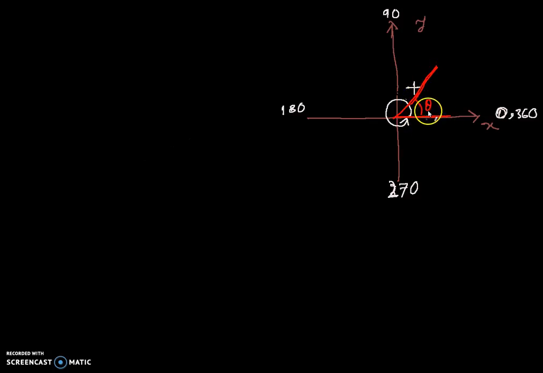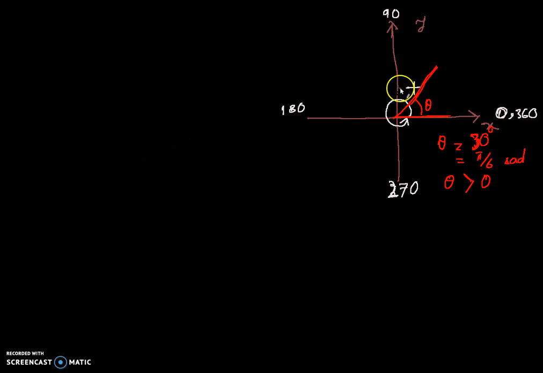Here theta is equal to, let's say, 30 degrees, which is equal to pi by 6 radians. And here theta is greater than 0. It's a positive angle.